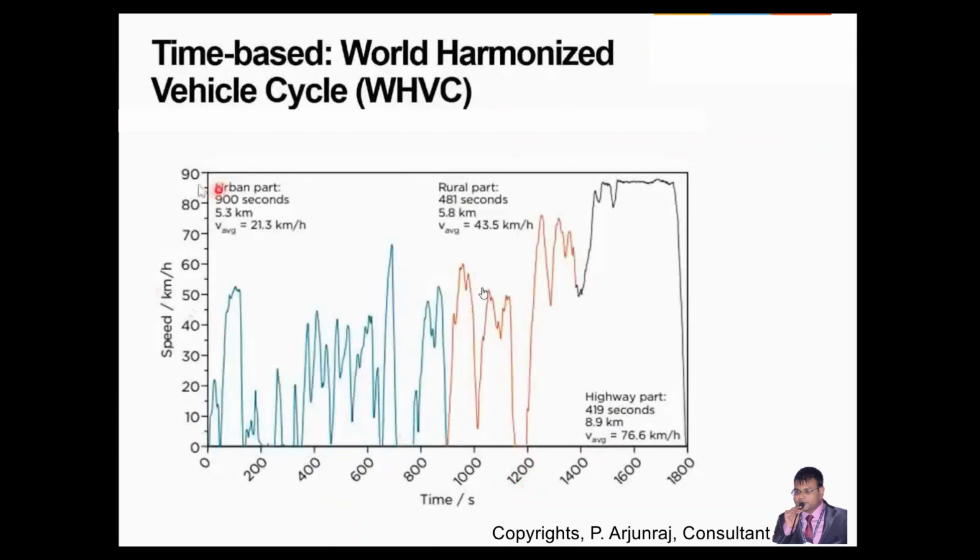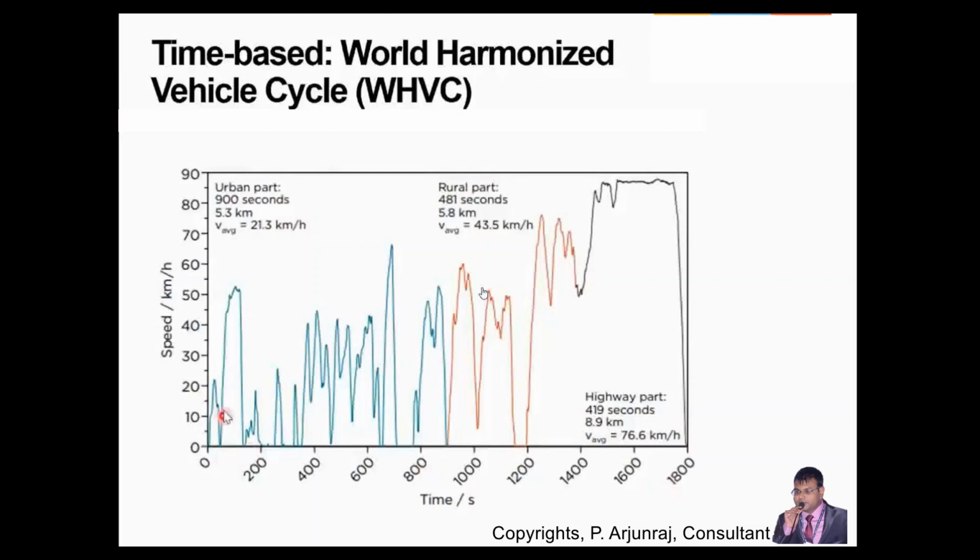And again, I told you it is divided into three aspects. One is urban, rural, and highway, where the velocity is going to be higher when we move from urban to rural to highway. See, here the urban speed is average 21.3 kilometer per hour, and the rural is given as 43.5, and for highway it is 76.6.